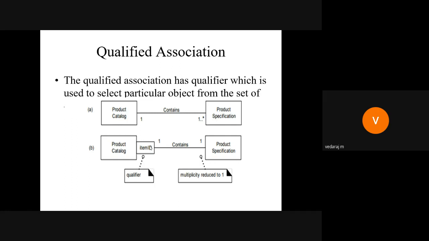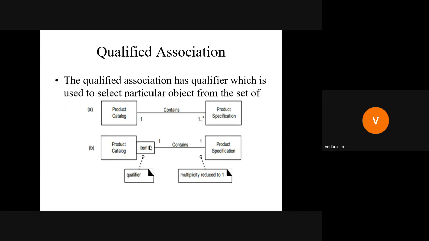For example, so many products are there. How do you call a particular product? With the help of the item ID. The item ID is called the qualifier. So many students are there in a classroom. How can I call a student? With the help of the student register number. The student register number is the qualifier. With the help of the qualifier, we are selecting the particular object from the set of objects. N number of objects are available.